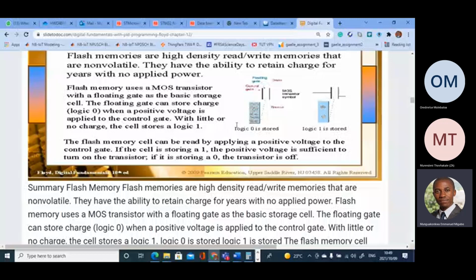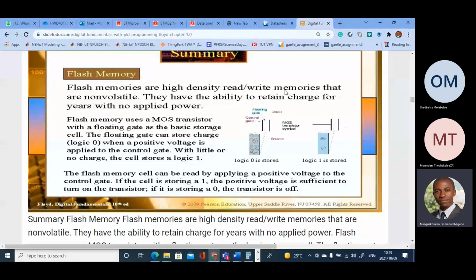Flash memories are high density read-write memories that are non-volatile. They have the ability to retain charge for years with no applied power. Hence they are ROM memories. Flash memory uses a MOS transistor, meaning a MOSFET, with a floating gate as a basic storage cell. That's what is used to store a logic 0 or logic 1.